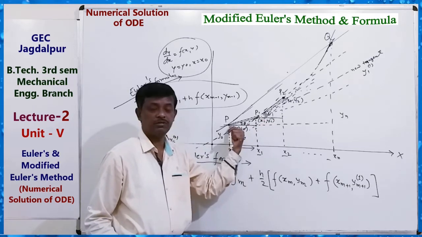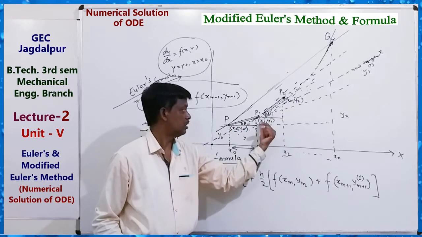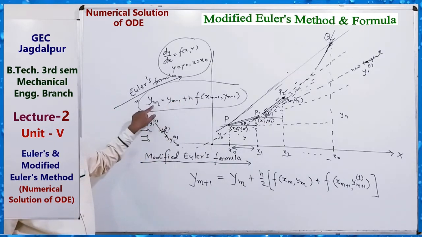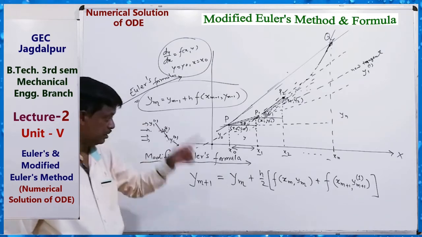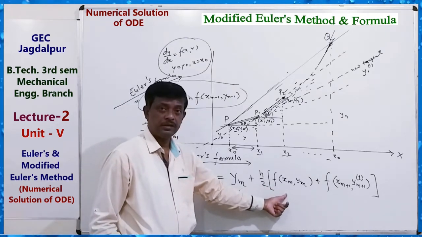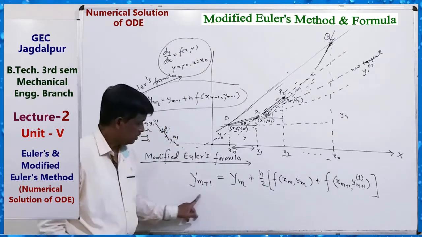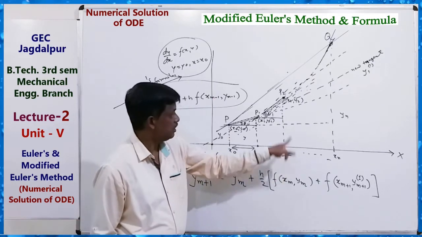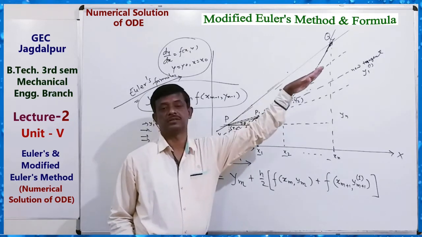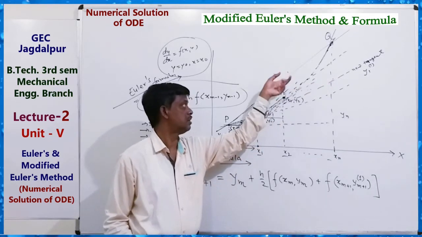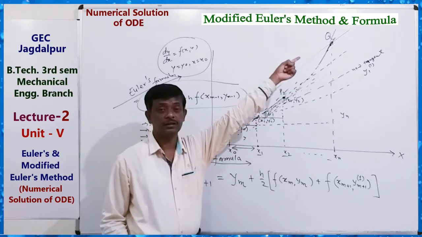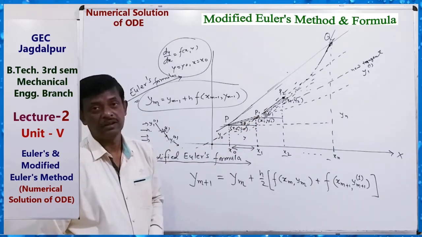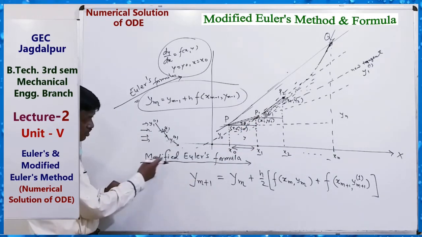For y1 it is x0, y0, and for y2 it is x1, y1. So this is the slope for the previous point. We see that this value can be found by using the previous slope and this slope. We can get the average slope and a tangent nearer to this line, and we will get a more accurate value of y(m).